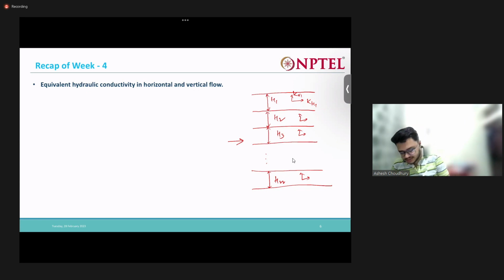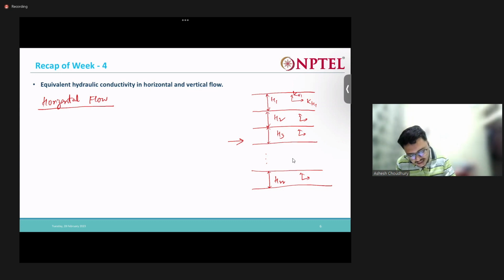So first we will see horizontal flow. If our flow is horizontal, the total flow is the sum of the flow in each layer.